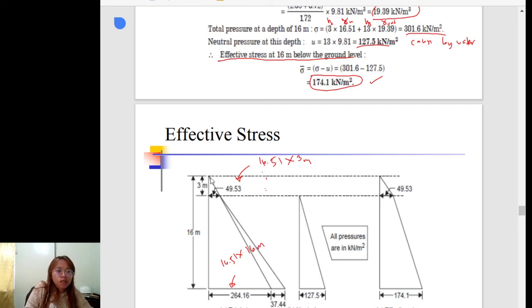As you can see, it is proportional, like a triangle.